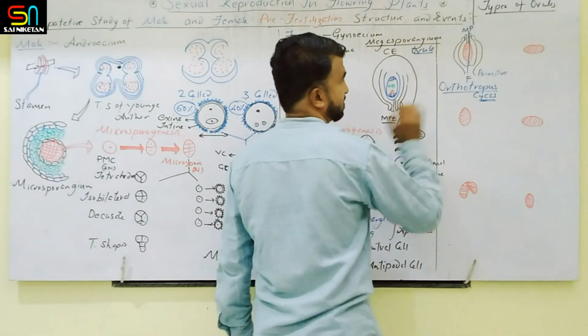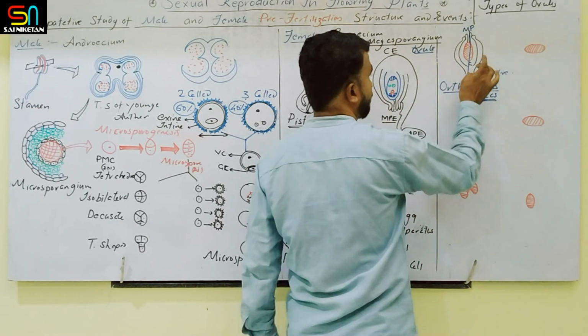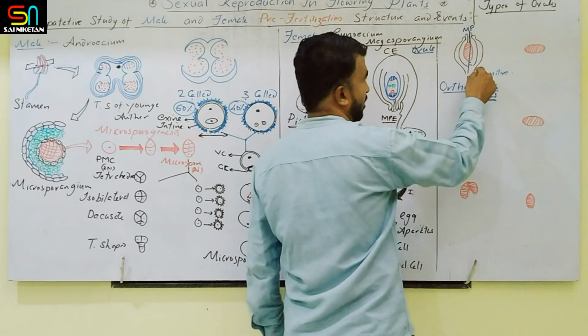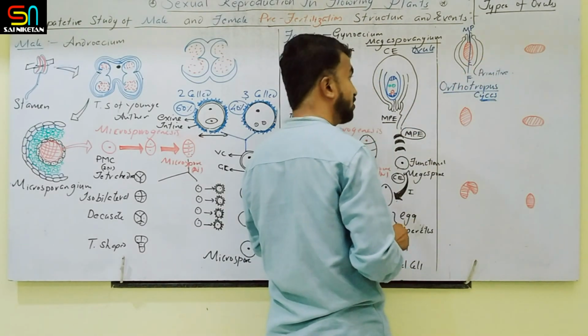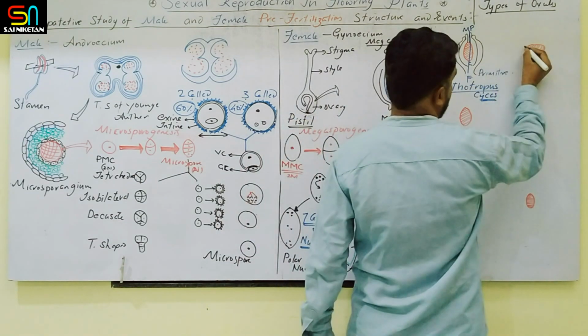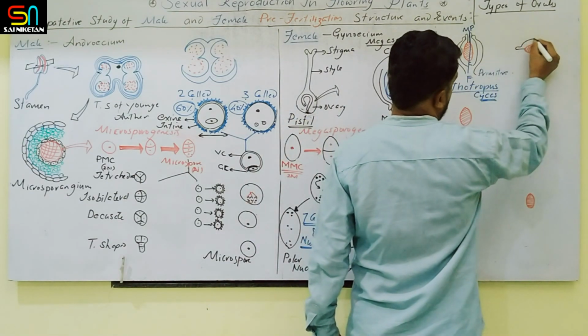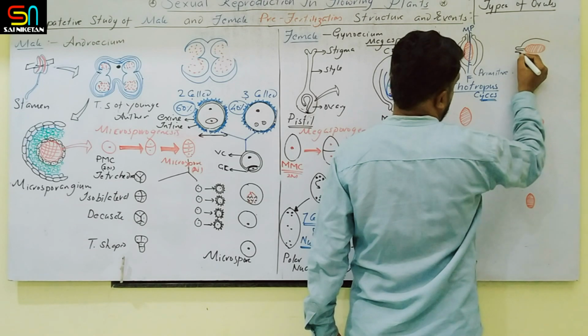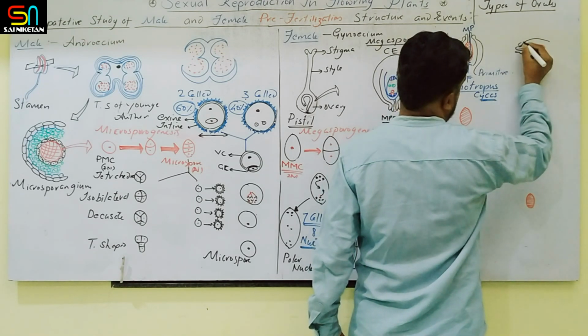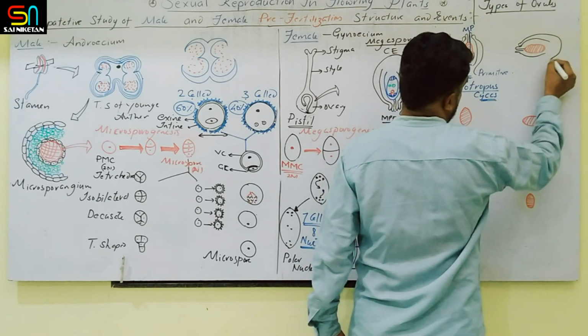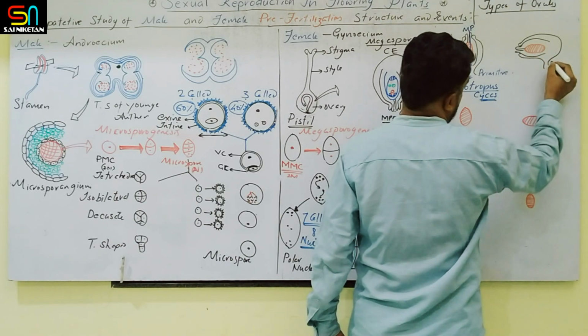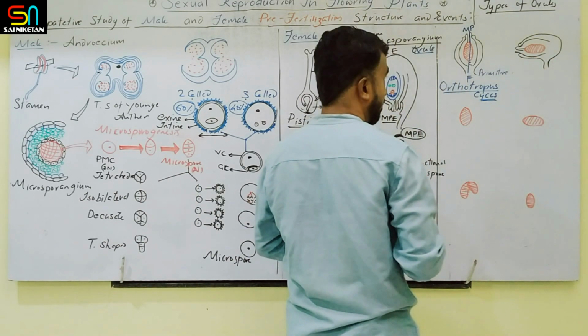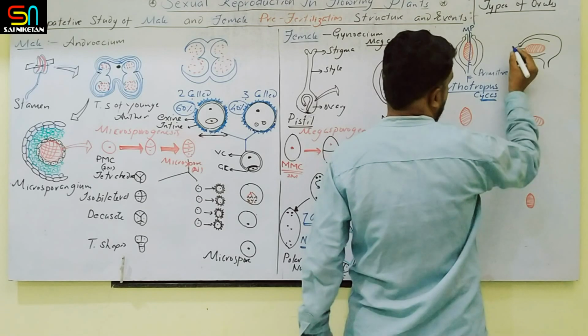Next, in some families, if unilateral growth takes place on one side only, either this side or this side, then the ovule figure is a little bit different. Now, can you locate the micropyle, funicle and chalaza?